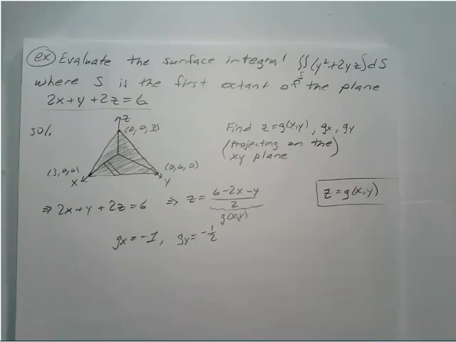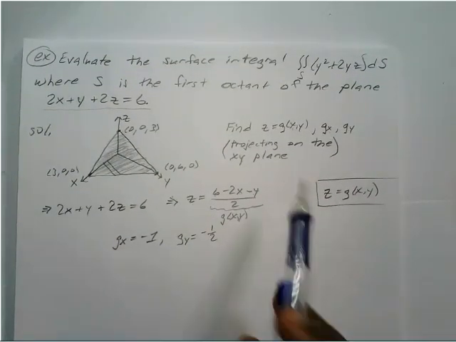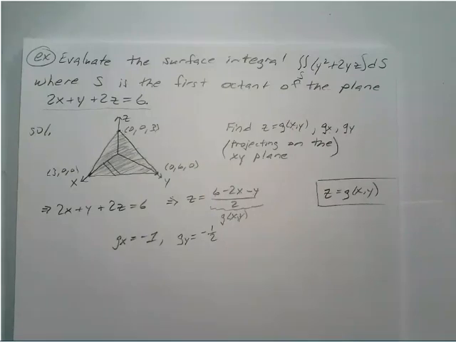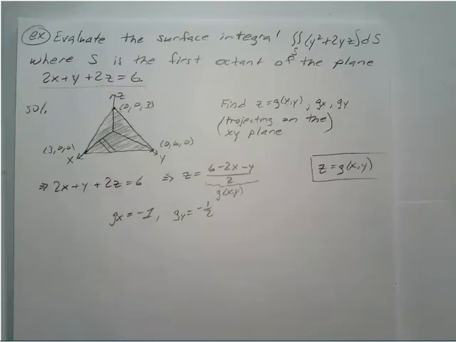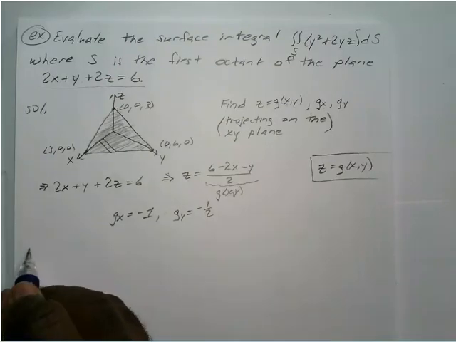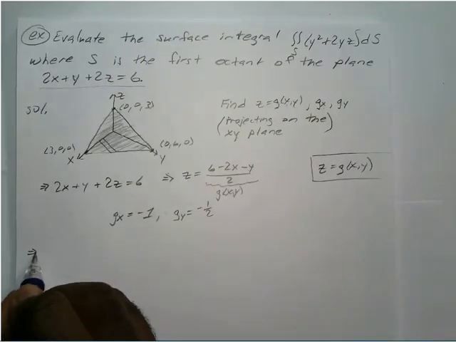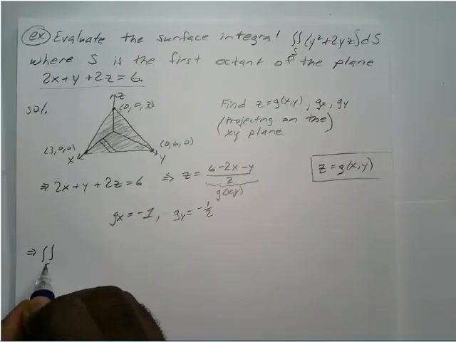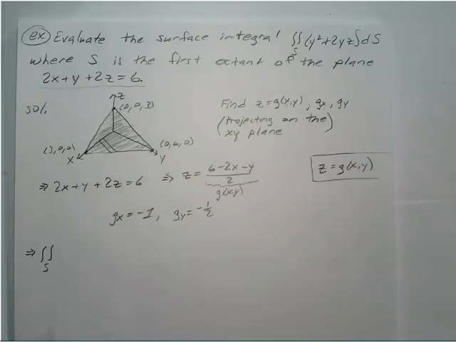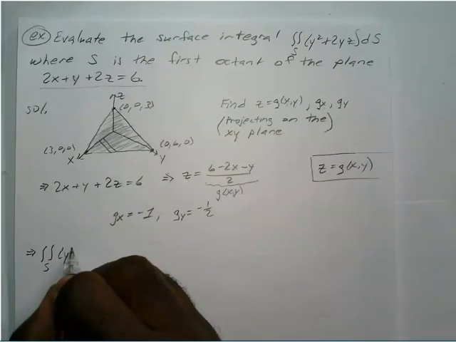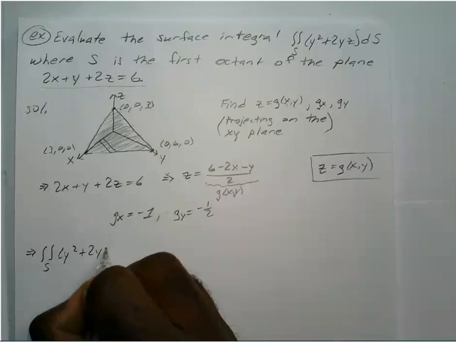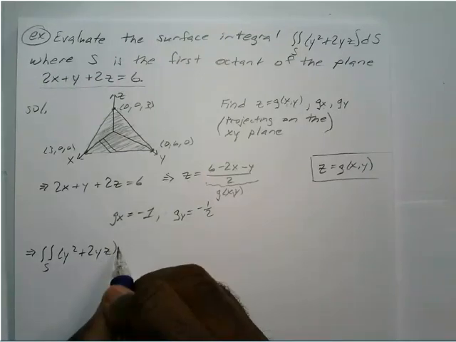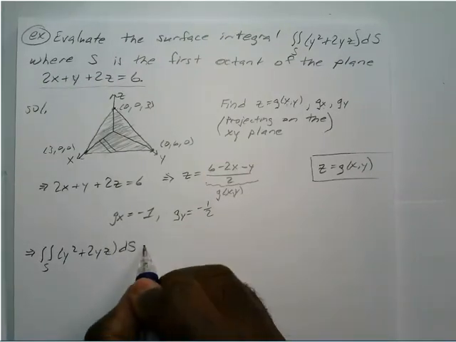Okay, now that you have those three, we go ahead and start plugging it in. I'm going to rewrite the formula so we know exactly how we're getting started. We want to solve the surface integral of y squared plus 2yz with respect to s.